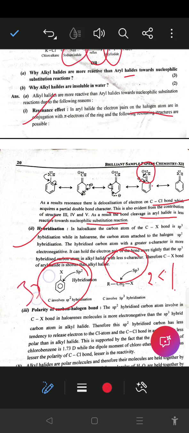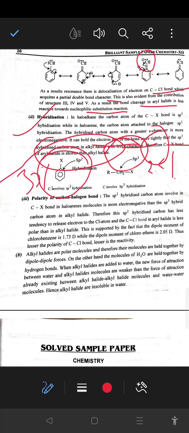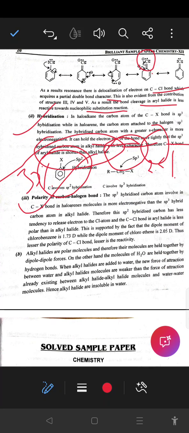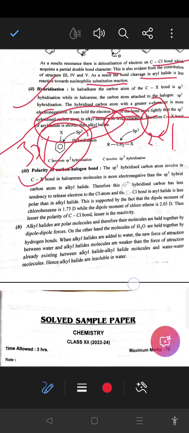Greater s character means greater electronegativity, so it holds the bond electron pair more tightly than the sp3 hybridized carbon in alkyl halides with less s character. Therefore the C-X bond in haloarenes is shorter than that in alkyl halides. The third factor is polarity. So this is the main reason.